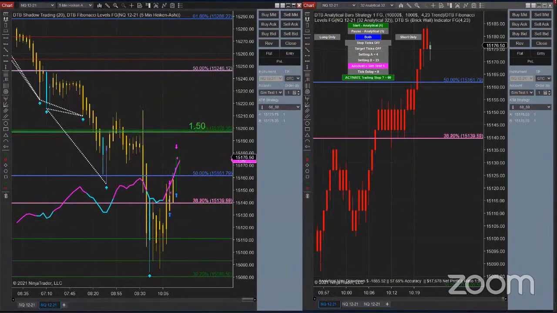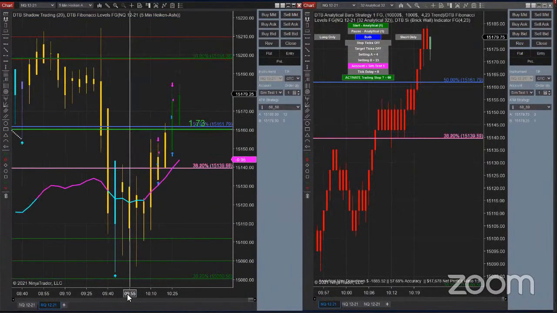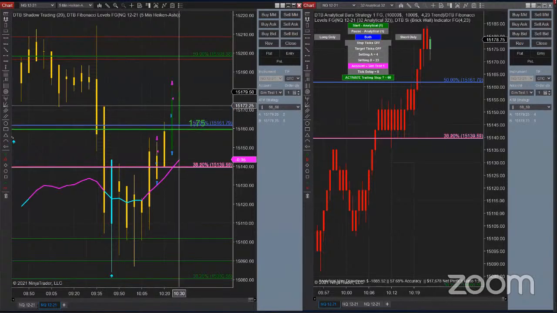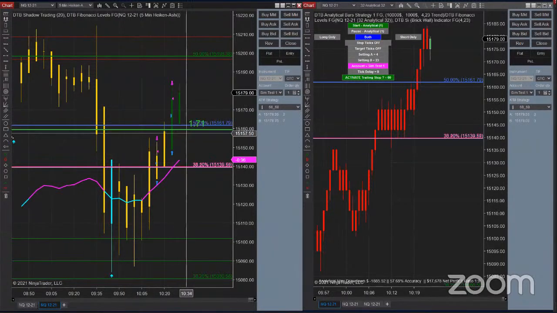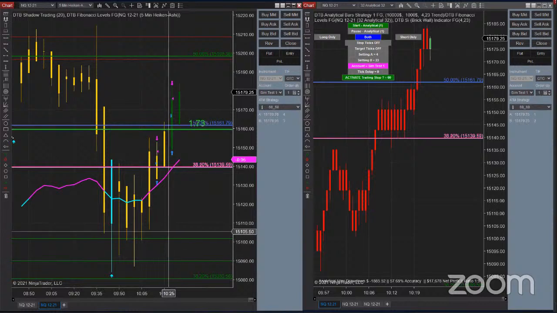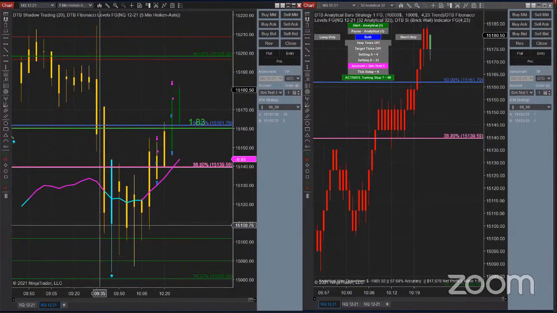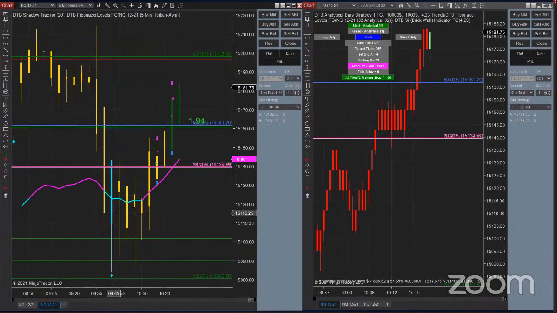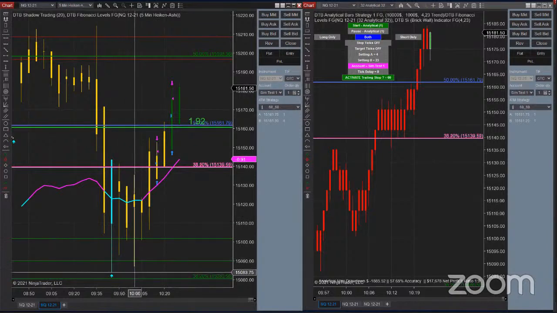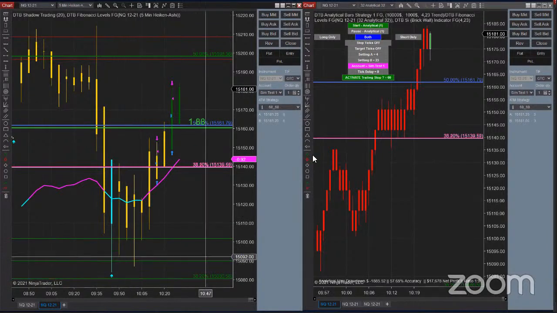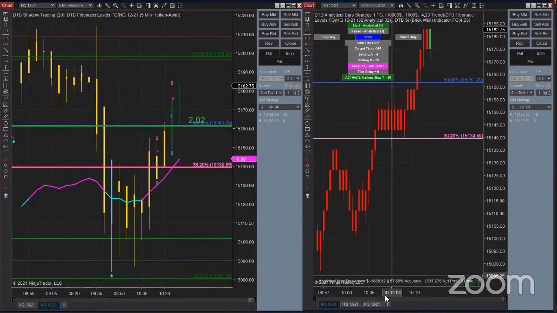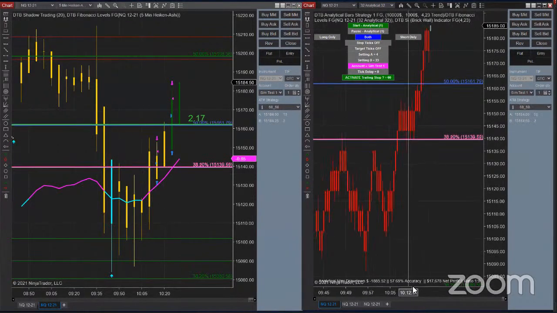That'll give you the coloring of your bars too. You can also look at entries: once the price has closed above a certain level, those fib levels, enter positions, or when the tails of bars are very close to fib levels. So there's a few different things you can look at during your session.